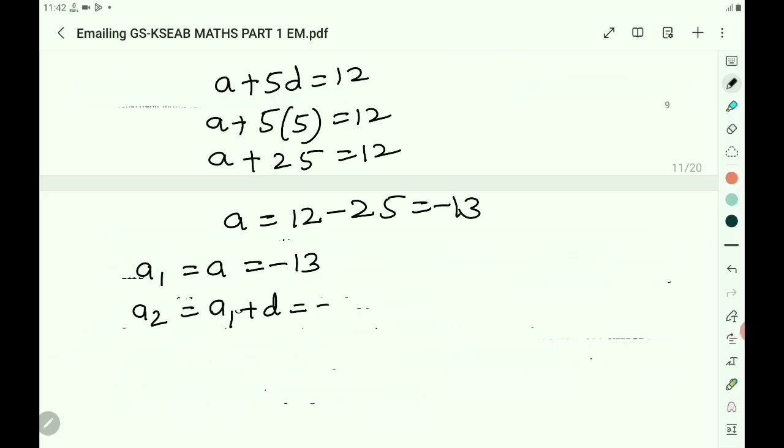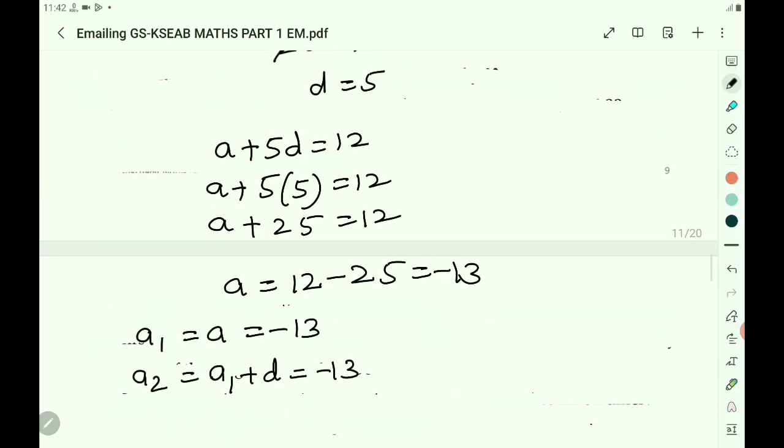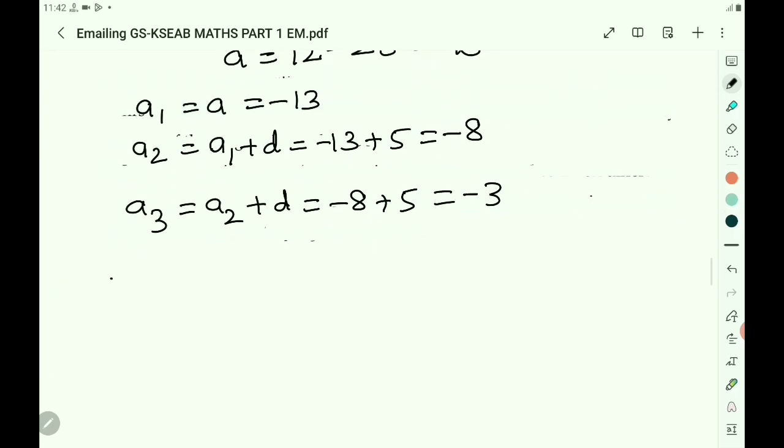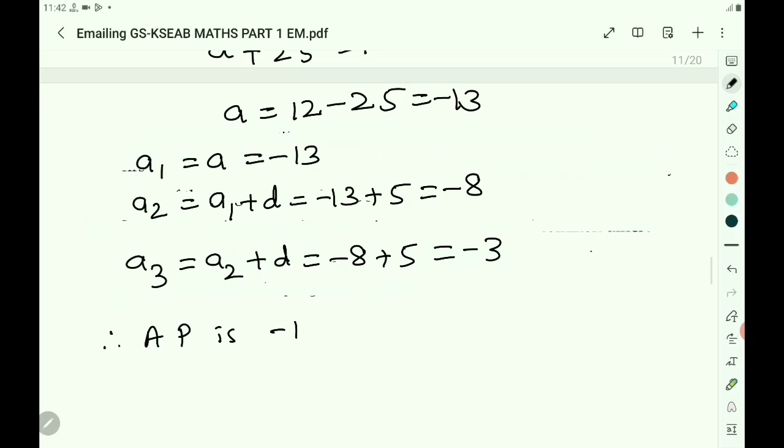A1 is minus 13 plus 5 equals minus 8. Then a3 equals a2 plus d. A2 is minus 8 plus 5 equals minus 3. Then AP is minus 13, minus 8, minus 3, and so on.